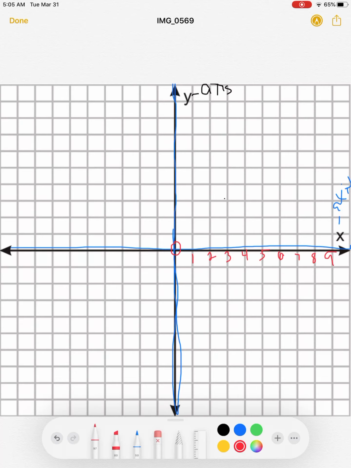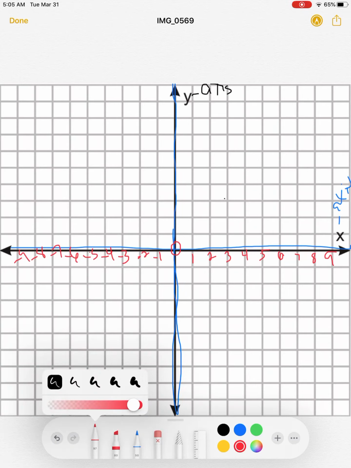Very good. Now we have to put our negative integers. This will be negative 1, negative 2, negative 3, negative 4, negative 5, negative 6, negative 7, negative 8, negative 9. Okay, now we have to do our y-axis, our north and south number line. Above sea level, you have your positive numbers.